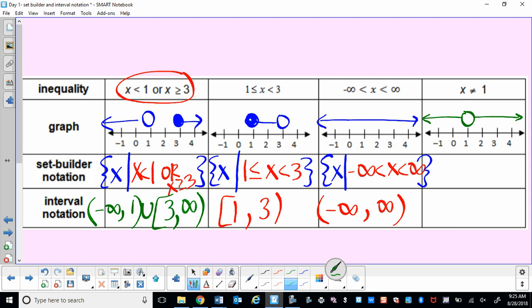Whenever I get to 1, I skip over 1, so it's not included. Set builder notation. I have my braces, x such that, and I just copy over what I see. x is not equal to 1.